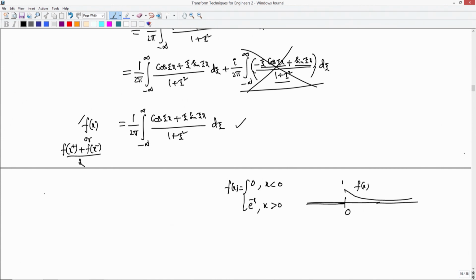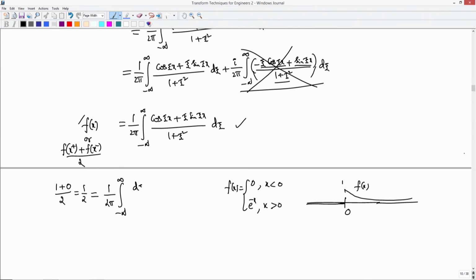Because of that you consider f of 0 plus, that is 1, plus f of 0 minus, that is 0, divided by 2, that is 1 plus 0 by 2, which is half. This is equal to 1 by 2 pi integral from minus infinity to infinity. You put x equal to 0: cos xi x is 1, and sin xi x at x equal to 0 is 0.